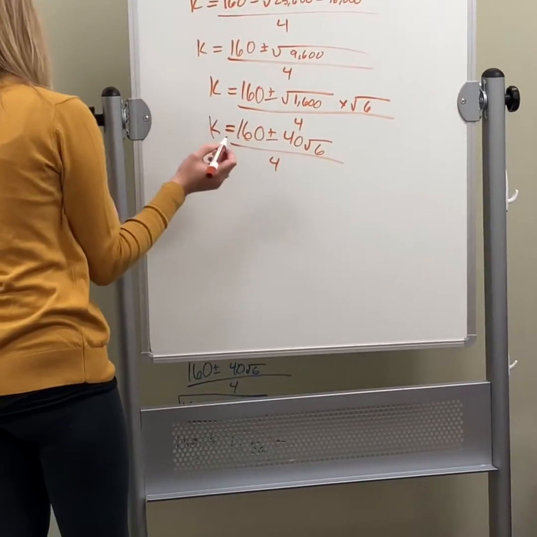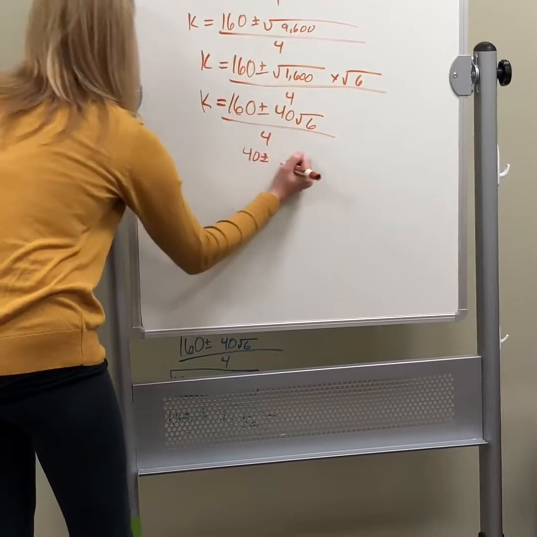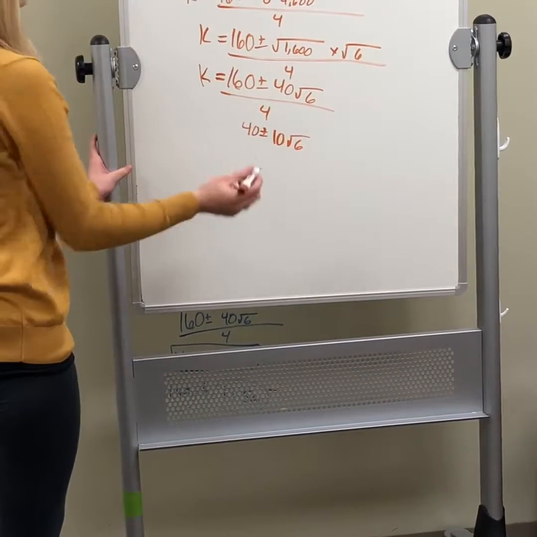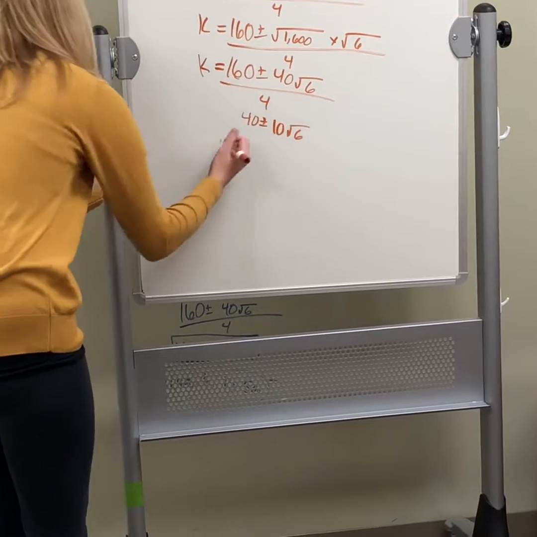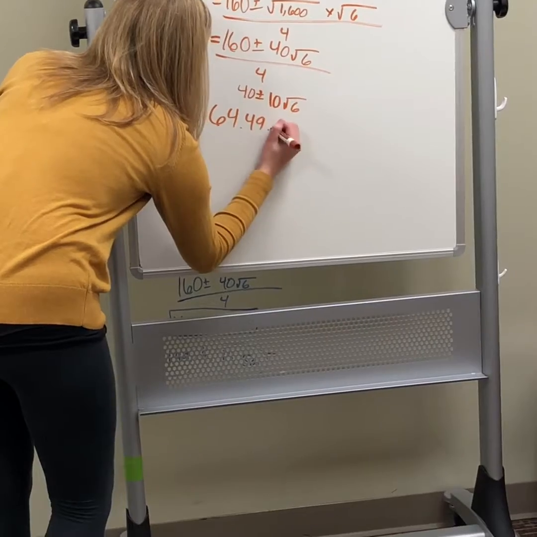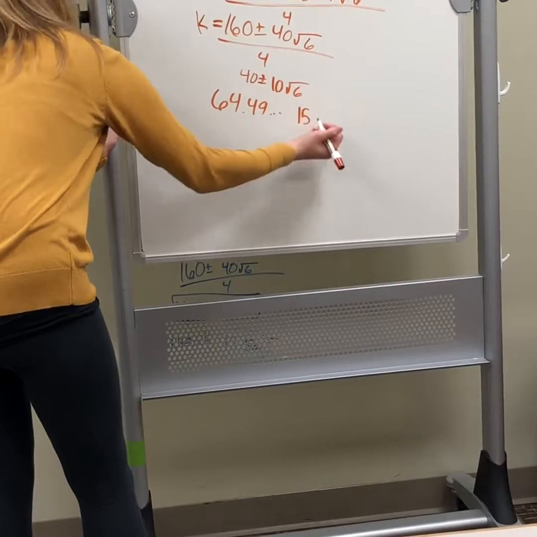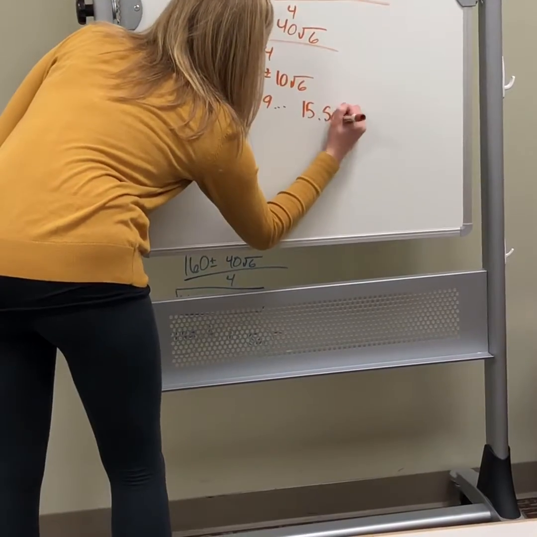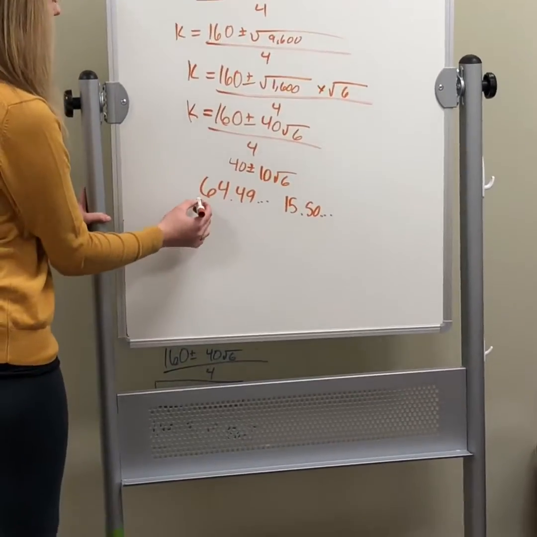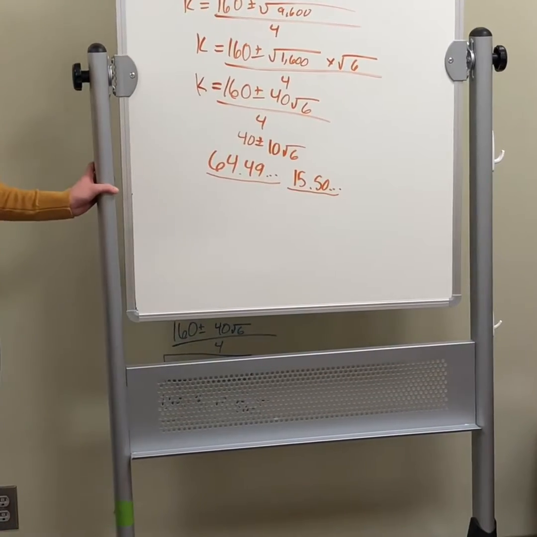If we divide everything by 4, we have 40 plus or minus 10 square root 6. If we do 40 plus 10 square root of 6, you get 64.49, and if you subtract, you get 15.50. So k can be 64.49 or 15.5, and both of them make a right angle.